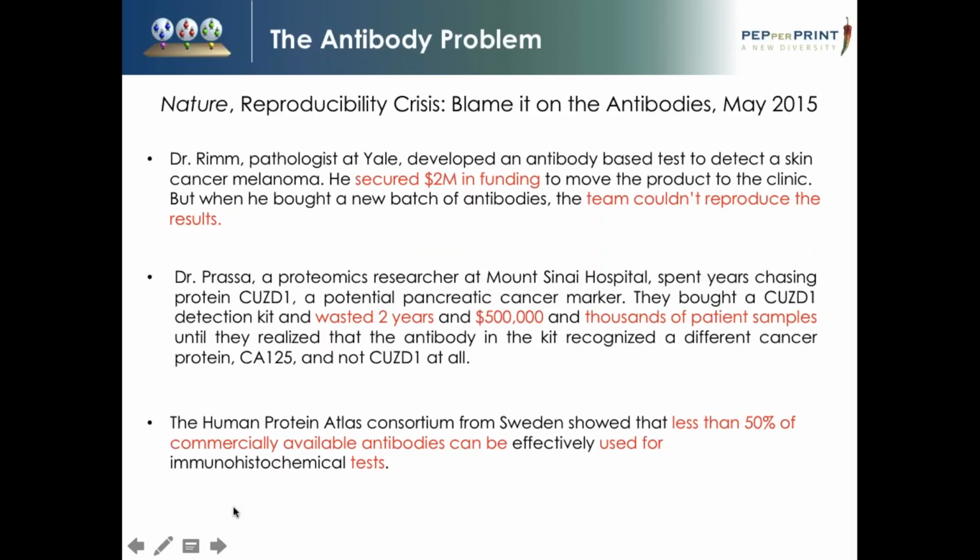The whole point of doing this article is really to spread the word and to make people understand that when you're buying an antibody from a company, what is on the actual vial, the label, and what's actually inside the vial might be two different things.